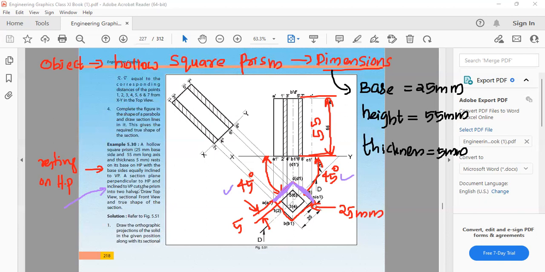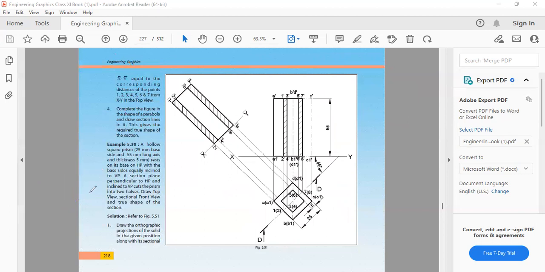Actually that value is not given. So here the condition given is that the plane inclined to VP cuts the prism into two halves, right?